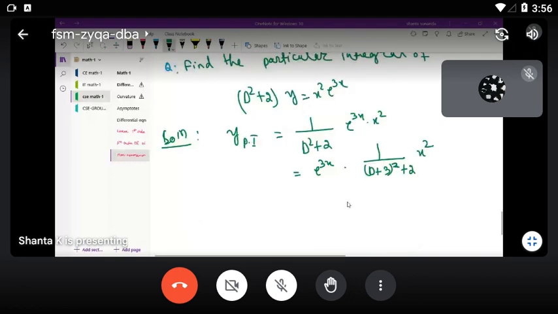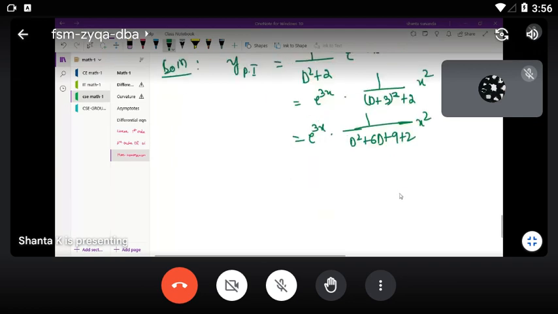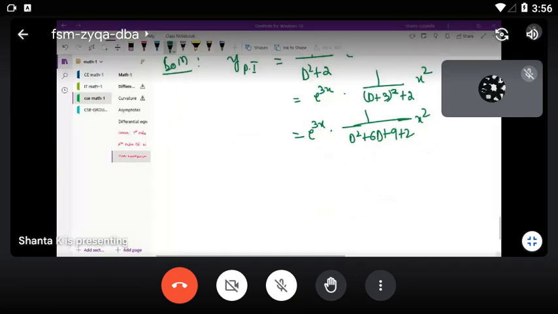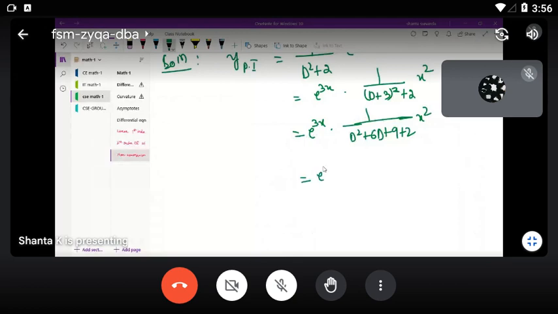So D square plus 6D plus 9 plus 2, and here x square. Got it? So here we have 11. Now how will we use the inverse operator here? D square plus 6D plus 11 and x square.